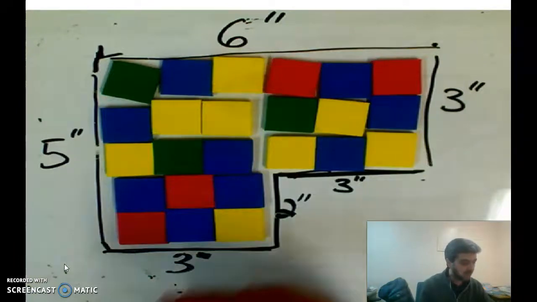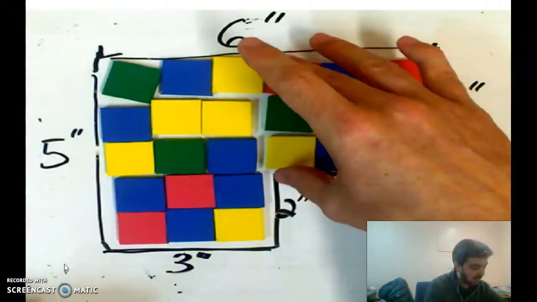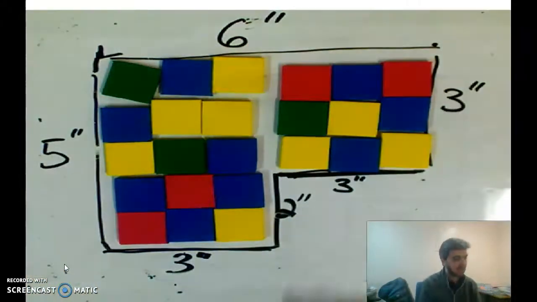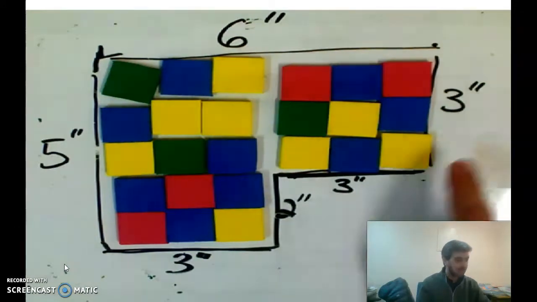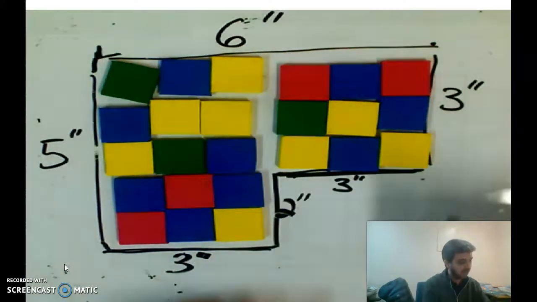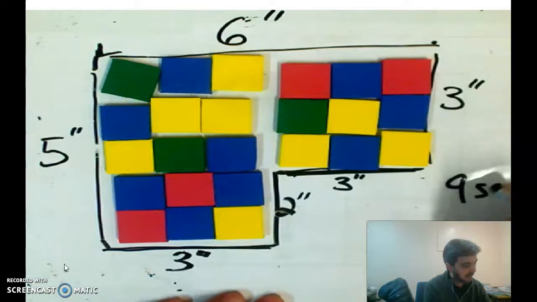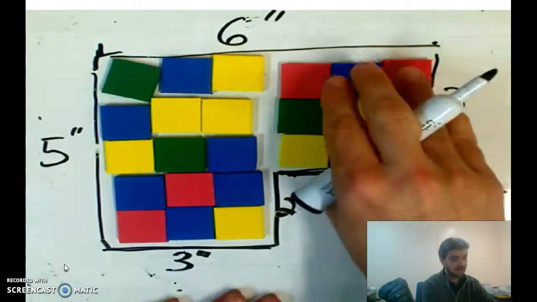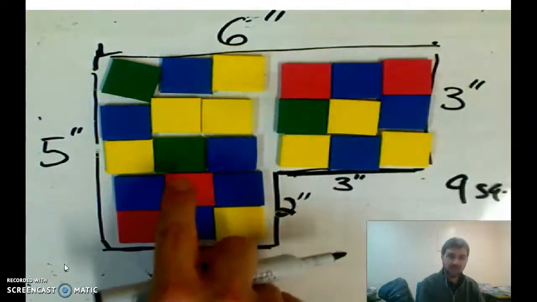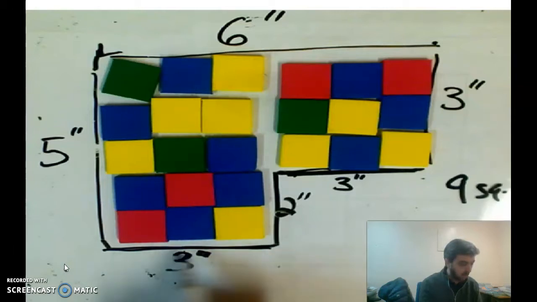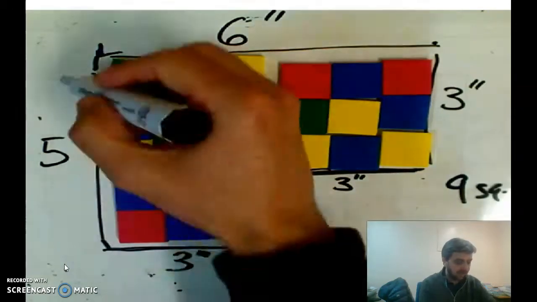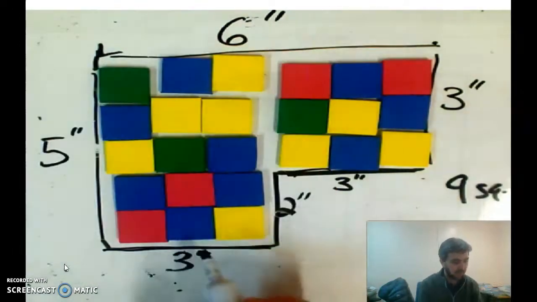So if I were to separate the rectangles the way I first did it, I would do 3 times 3, and I would get 9 square inches for this rectangle. This rectangle has a length of 3 and a width of 5, or vice versa, whatever way you want to look at it.